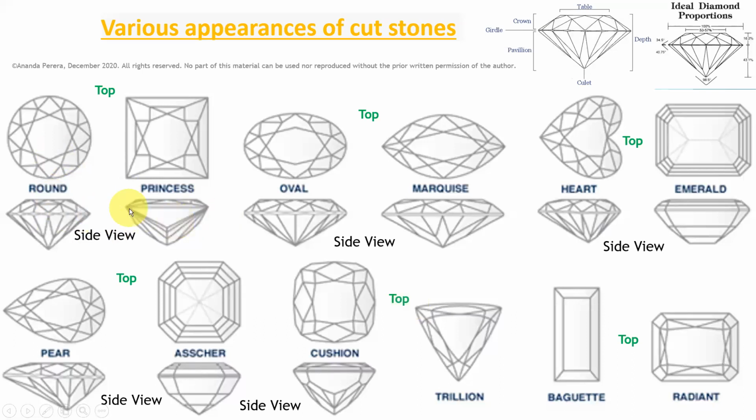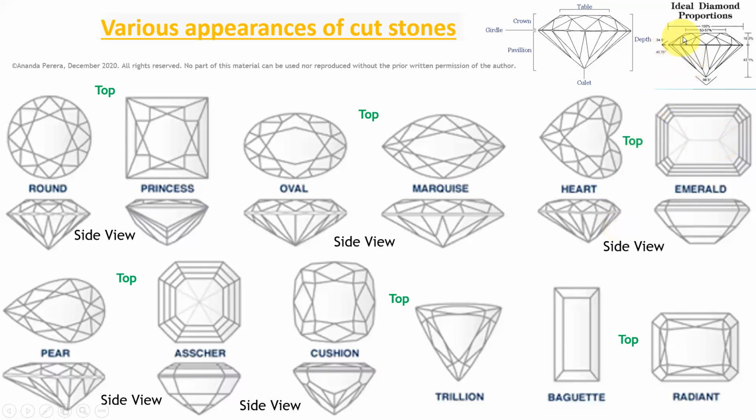Top. Pear, asscher, cushion, trillion, marquise, side view, oval side view, princess side view, pear cut side view, asscher side view, cushion side view, baguette, top, radiant, top, heart, top, emerald cut or octagonal cut, top, side view.